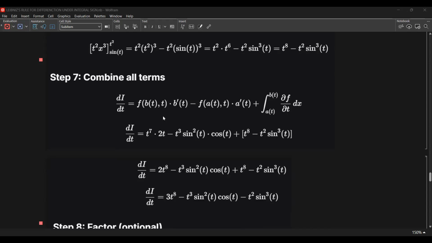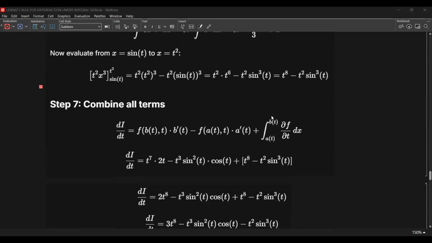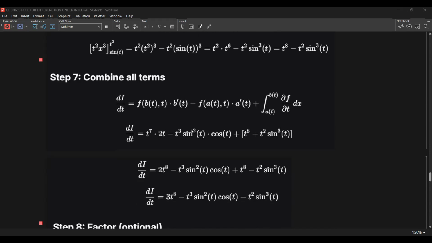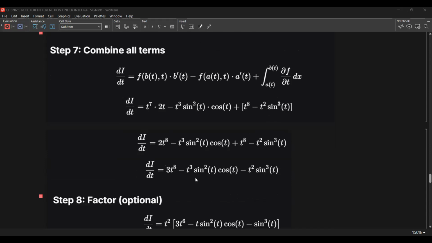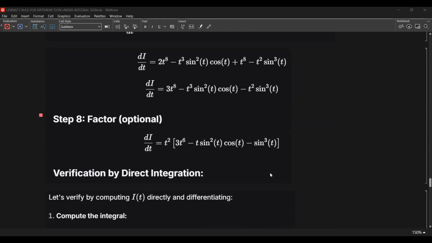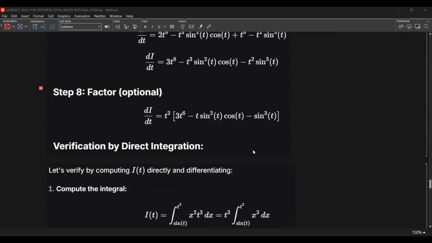So use the Leibniz rule here in combining all terms. So we have the final result here: 3t to the 8 minus t cubed sine squared cosine t minus t squared sine cubed. So factoring is optional. So this is our final answer.